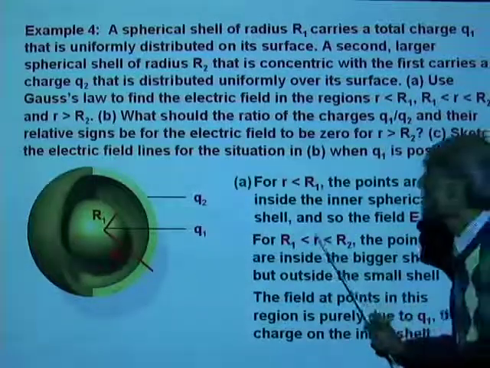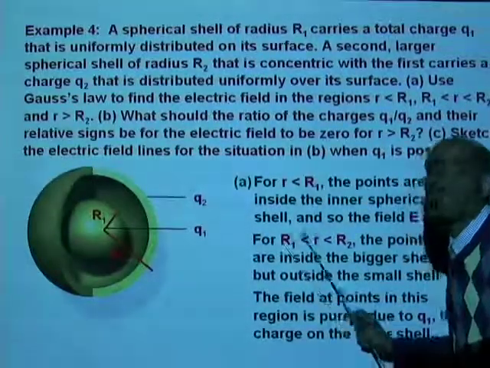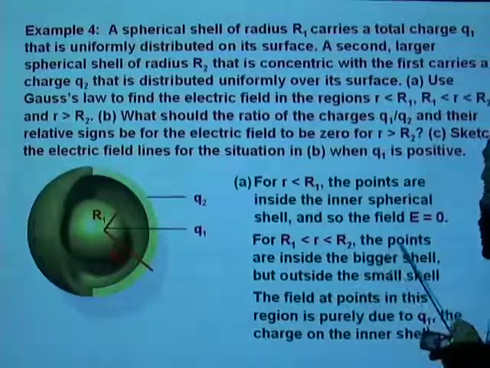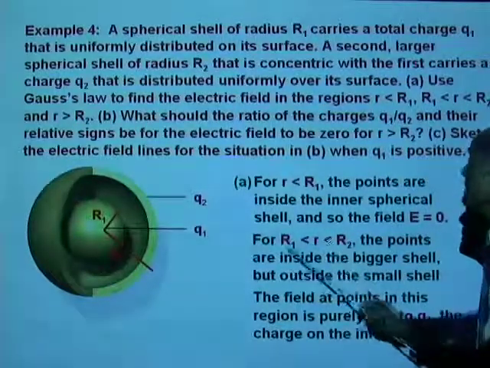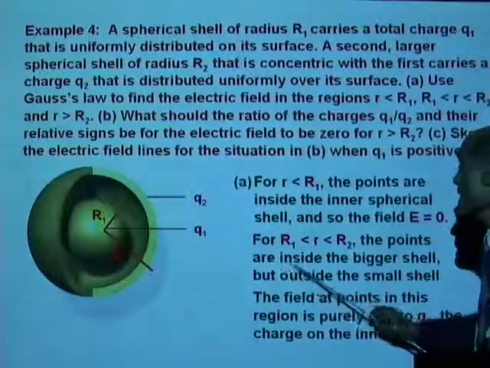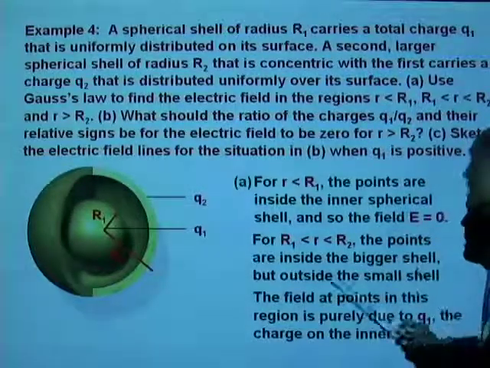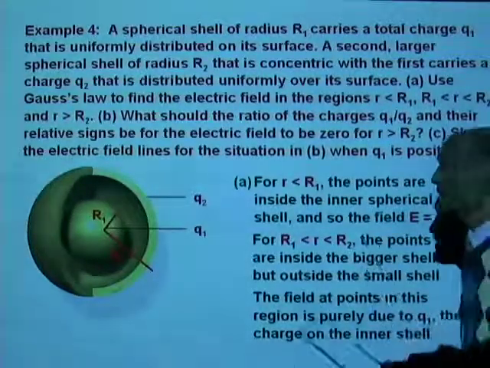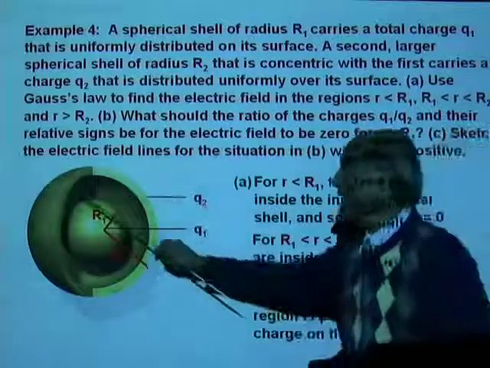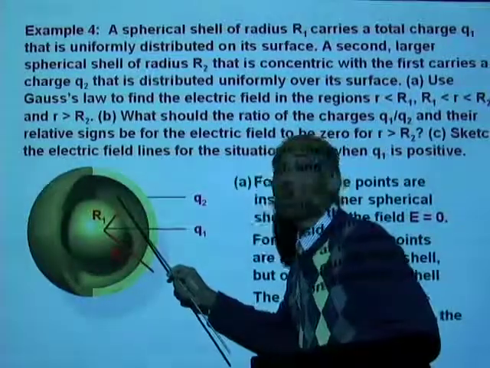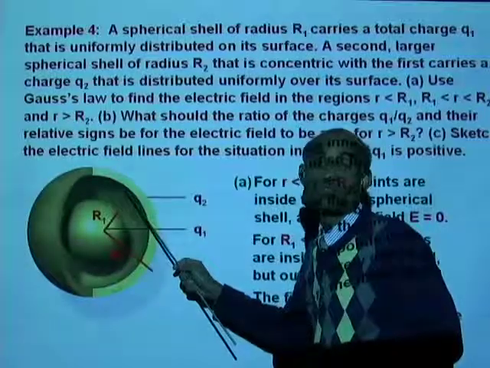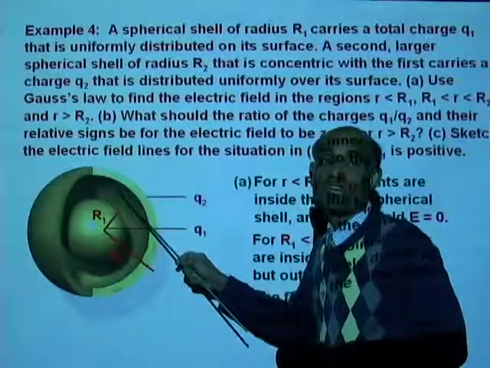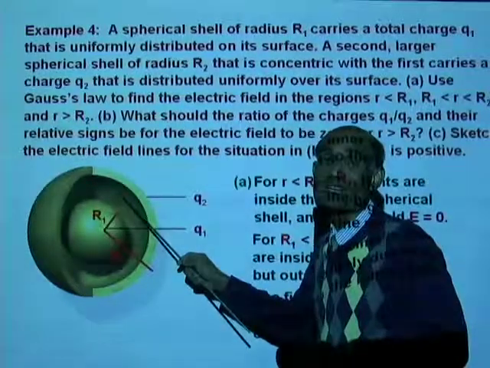For a point in between the inner and outer shell, these points are inside the bigger shell and outside the small shell. Now, the bigger shell will not contribute to the electric field because the electric field inside the shell is 0.